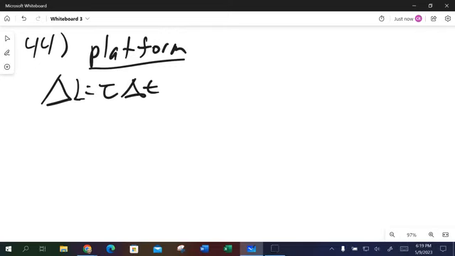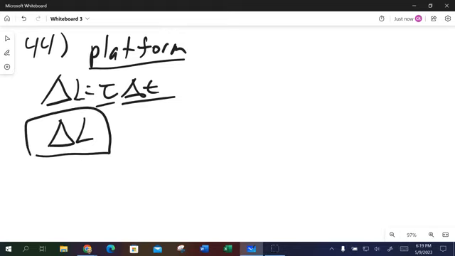But since there is torque on only the platform, and there's a change in time, we know that delta L does change. So the answer is A. It decreases because the top of the disk exerts a torque on the platform. This is going to cause a decrease.